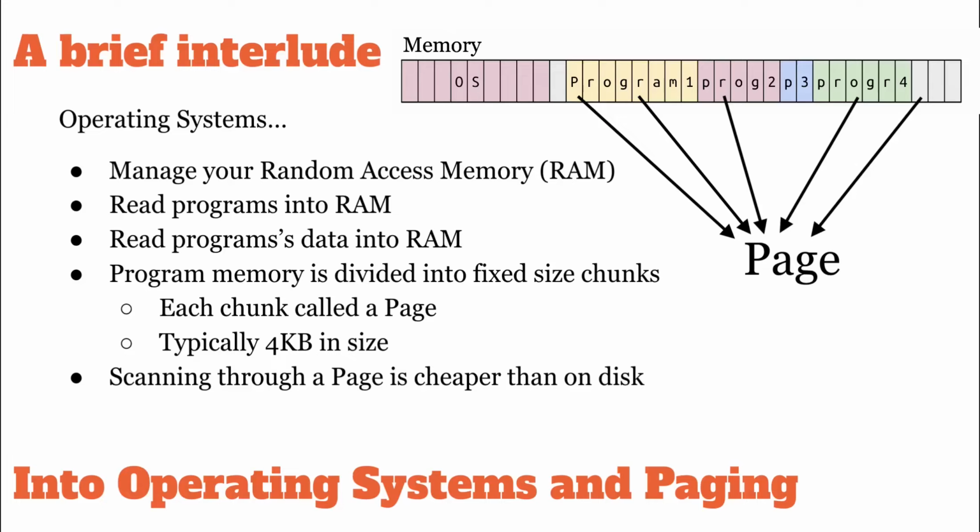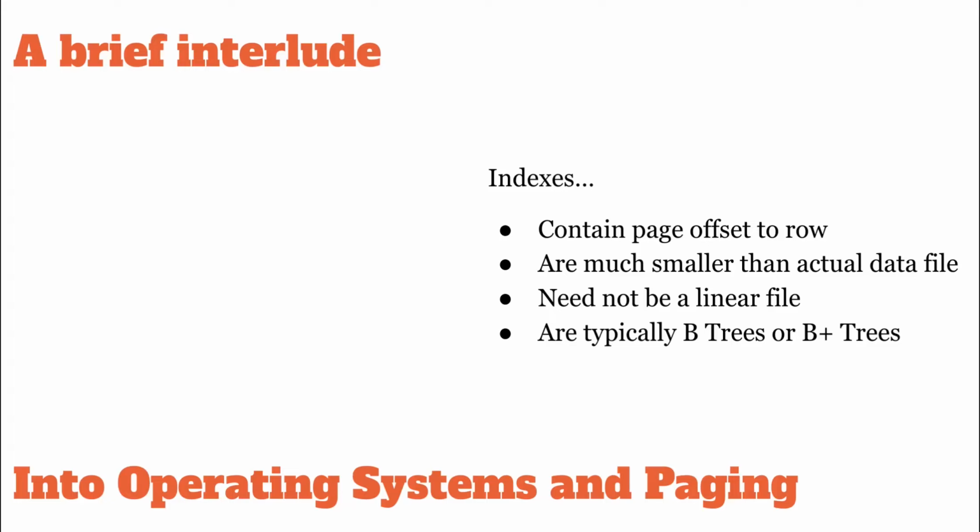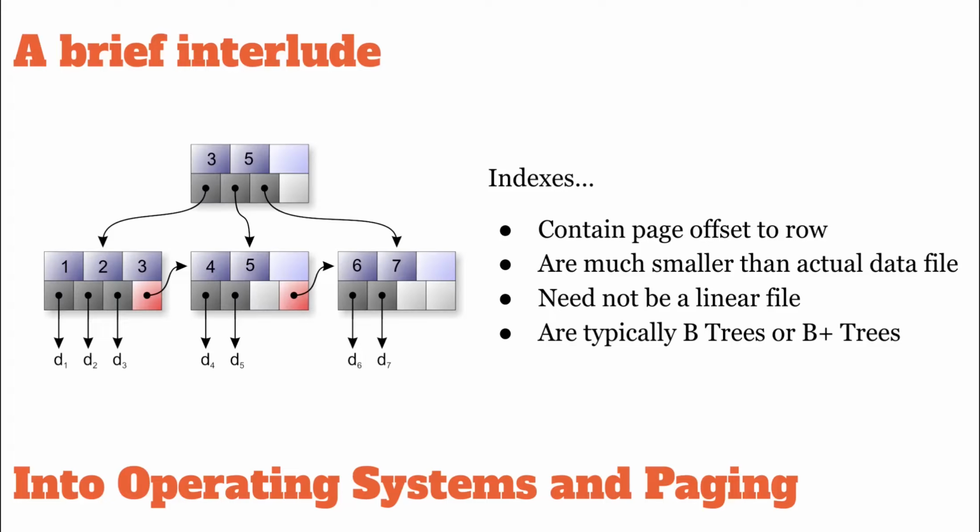The OS always reads an entire page into memory, and scanning through a page is considerably cheaper than scanning through a file on disk. Here's where the index and the data file come in. The typical index will not contain the byte offset of a row, but the page offset in the data file. The 10 tickets we saw earlier would all fit in page 0. This way, an index is vastly smaller than the actual data, and is more efficient.